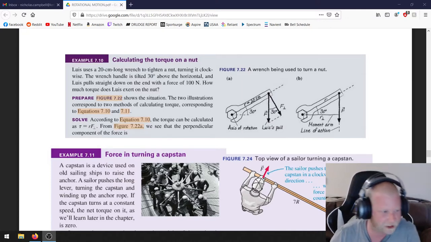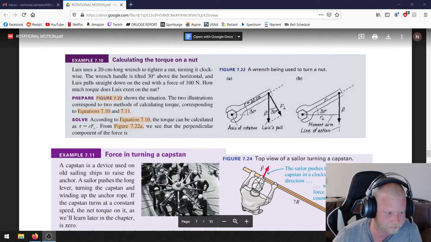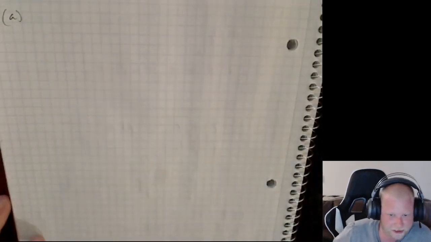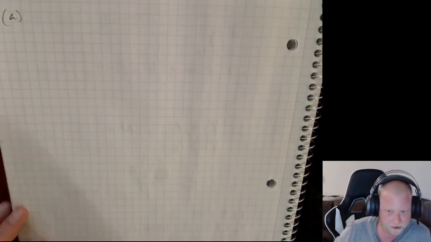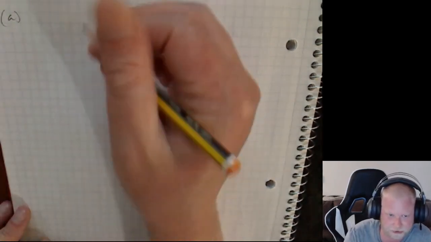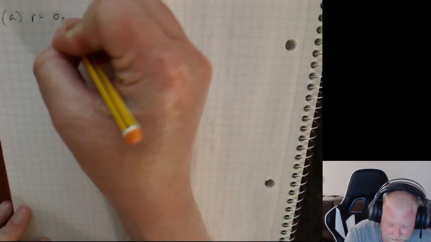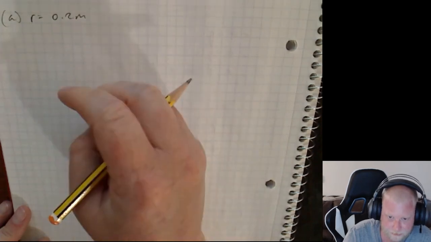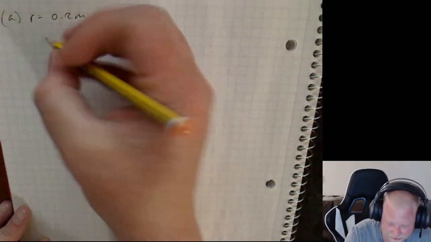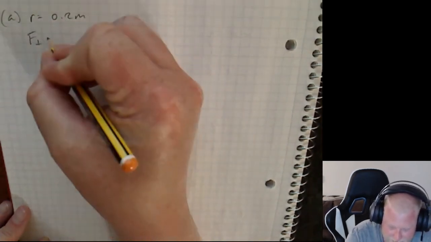So let's go ahead and solve it out both ways. Let's solve it using the method shown in A in figure 7.22. We've got a radial line of 0.2 meters and a perpendicular force, right?